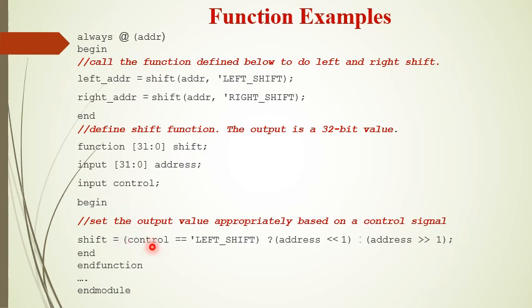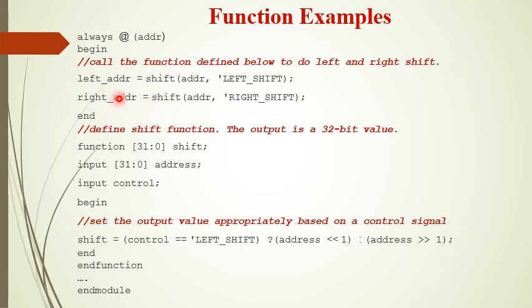We are checking the condition: if control equal to left shift, then left shift the address by 1 bit position. This is the left shift operator. Else, right shift the address by 1 bit position. After the shift operation, depending on the control value, the shifted value will be stored in the register shift, which is the same as the name of the function.